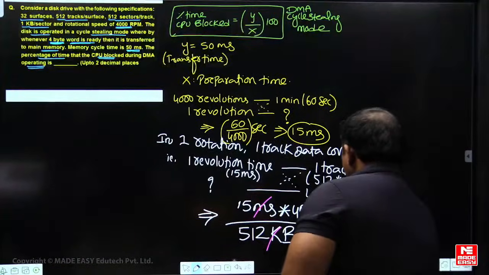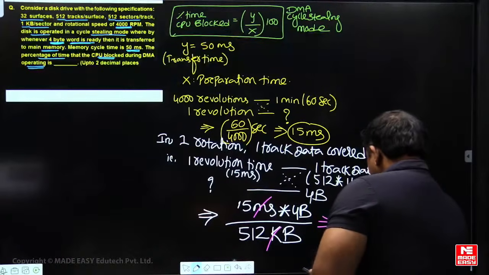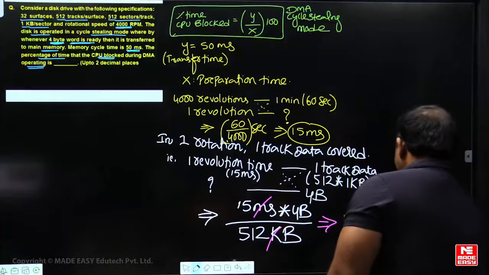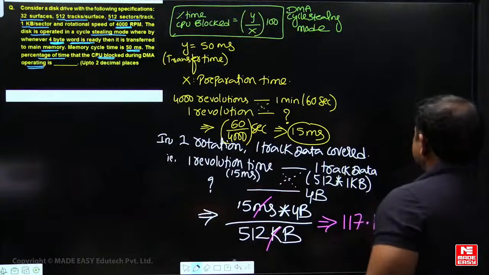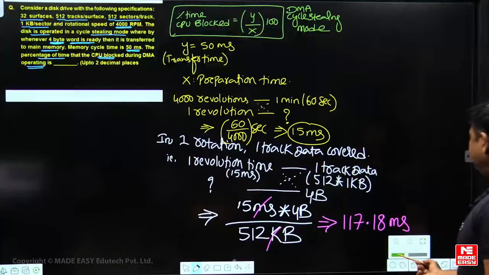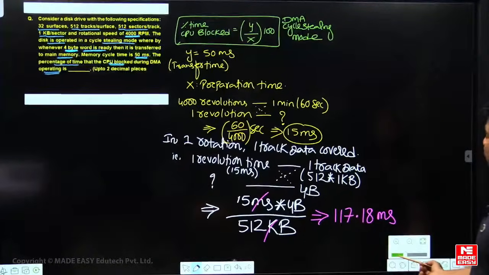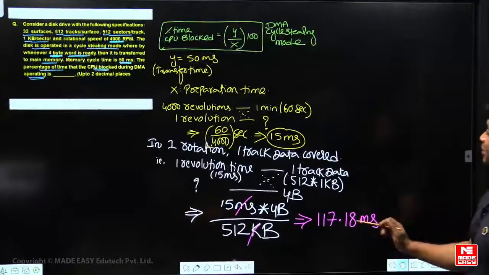So this is equal to how much? 117.18 microseconds. This is the x value. The preparation time of 4 bytes of data is this much.